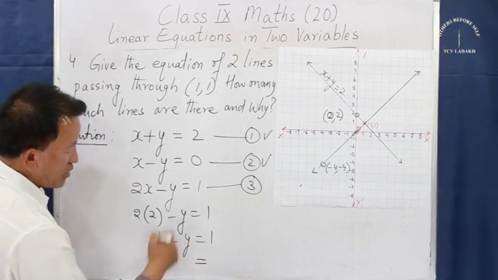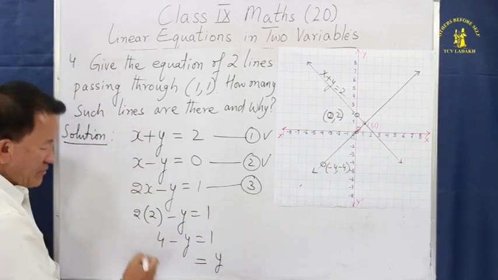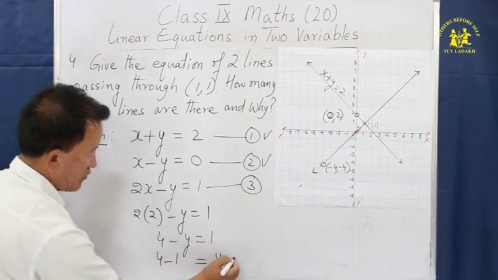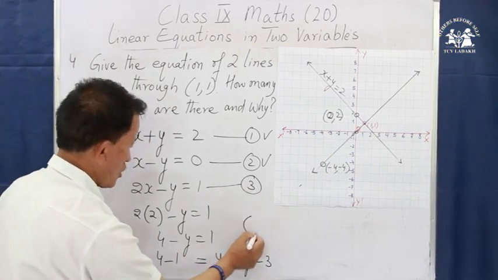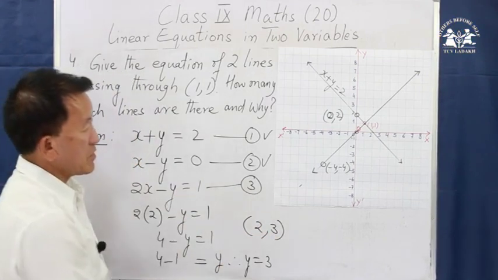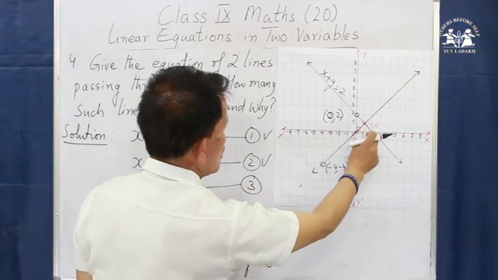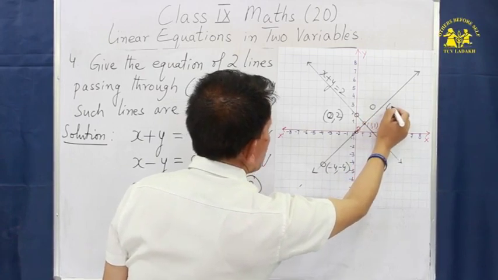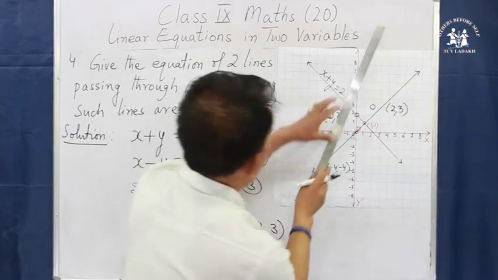Or y, you carry to the other side, plus 1 you take it to the left hand side, you'll get 4 minus 1, 3. So therefore y is equal to 3. So 2, 3 is the second point of this. First is, of course, the common point. So x is equal to 2, y is equal to 3. Let's join.